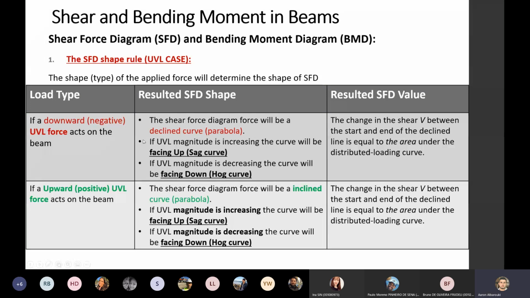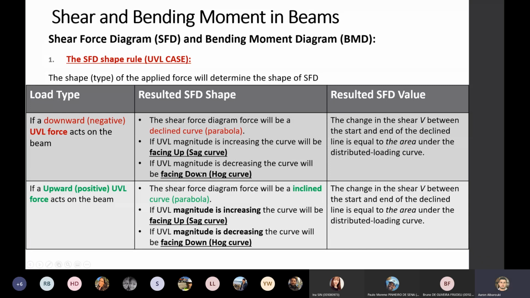And the last thing I need to know, to be able to know this parabola shape, does it face up or down? It's by knowing if the force before is it increasing or decreasing in magnitude. If it's increasing, that means it's facing up and there will be a sag curve.